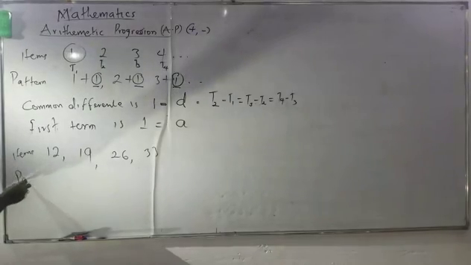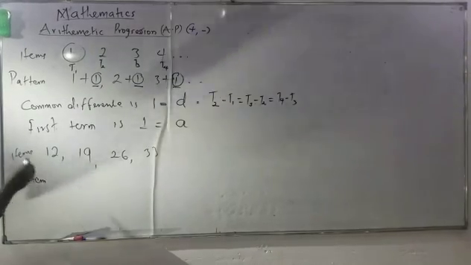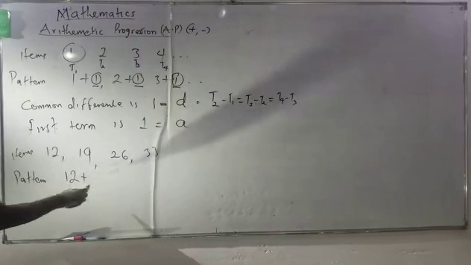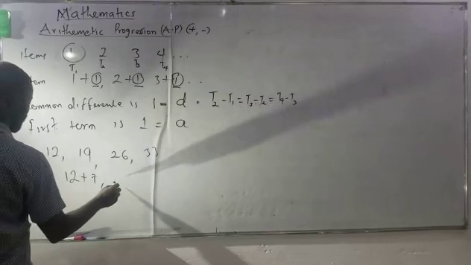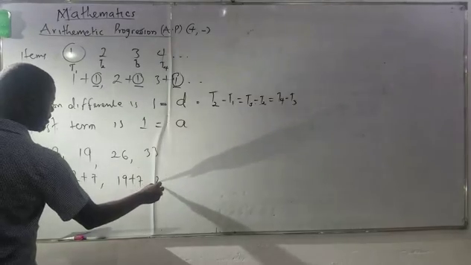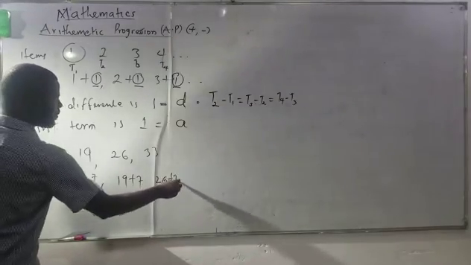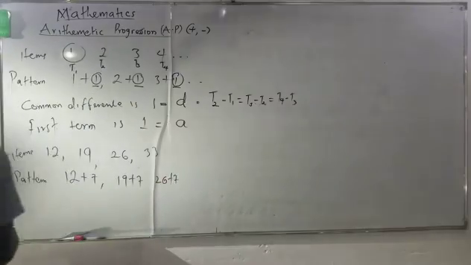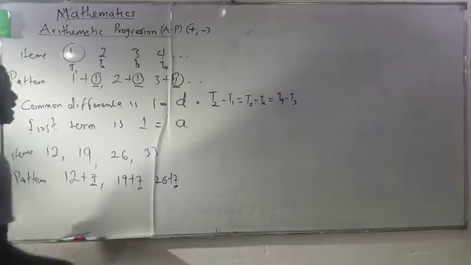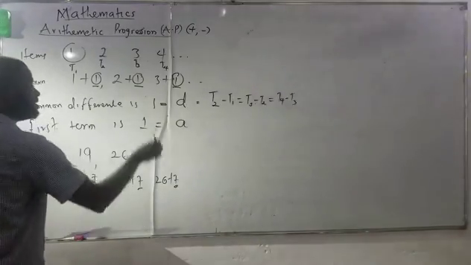The pattern is 12 plus 7, 19 plus 7, 26 plus 7, and it is going to be like that. Can you see that we have 7, 7? It means my common difference is 7.